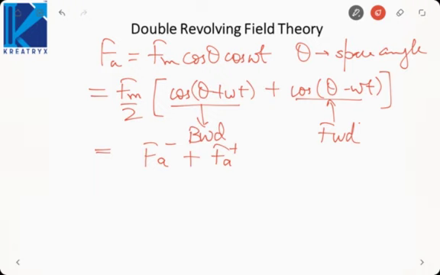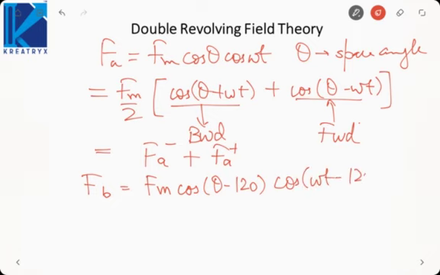Similarly, for B phase, it will be Fm cos of theta minus 120, because the B phase will be kept at 120 degrees in space from the A phase. The three phase windings are space displaced as well as phase displaced by 120 degrees.